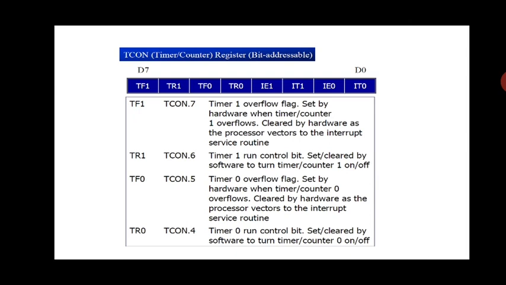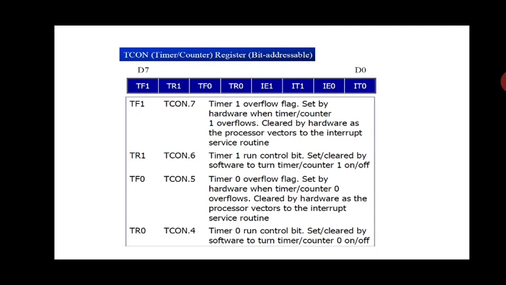Similarly TR1, as we know, is to turn the timer on or off. Similarly, we have TR0 to turn the timer on and off, as we discussed earlier in the previous module.